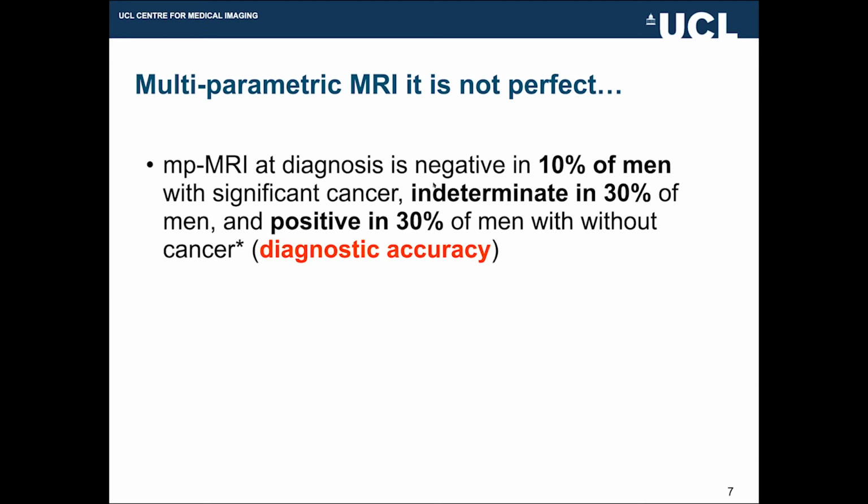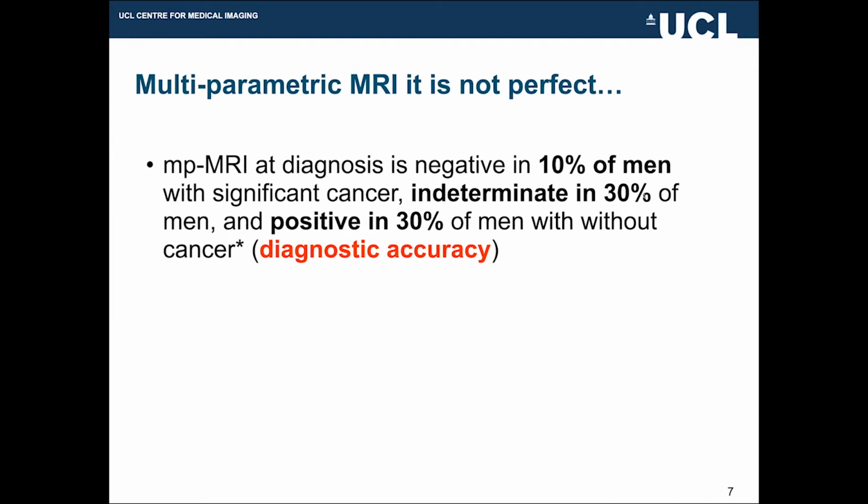What I've highlighted is the indeterminate proportion of men for whom you really don't know the outcome based on your multiparametric MRI, and that's about a third of men. The other thing I should highlight is that if you score a man as positive, you need to set a threshold on that 1 to 5 score as to what's positive.